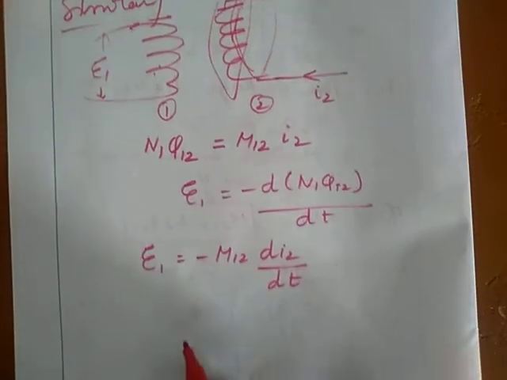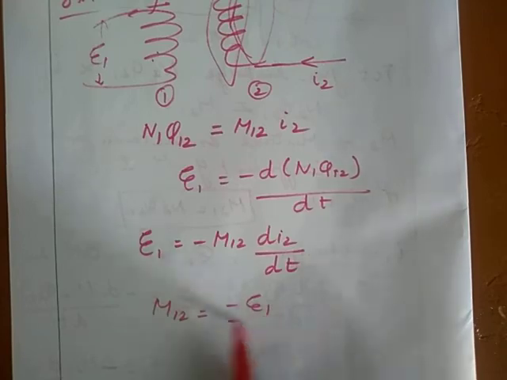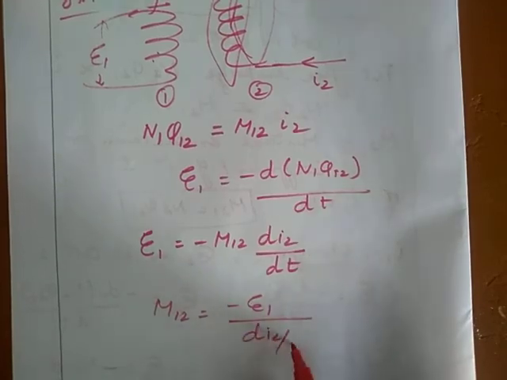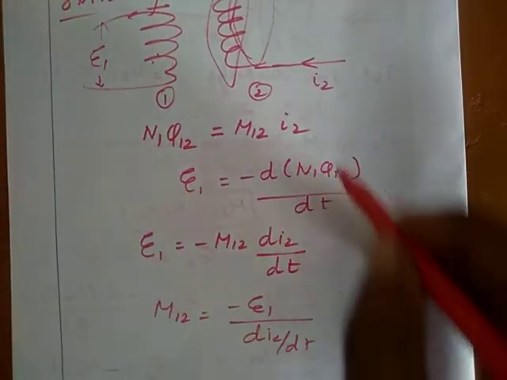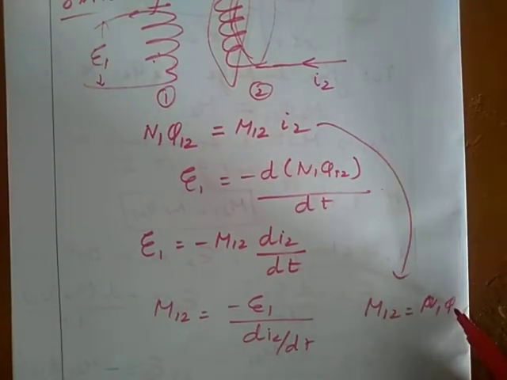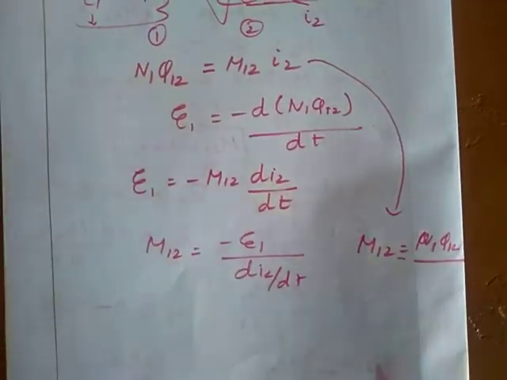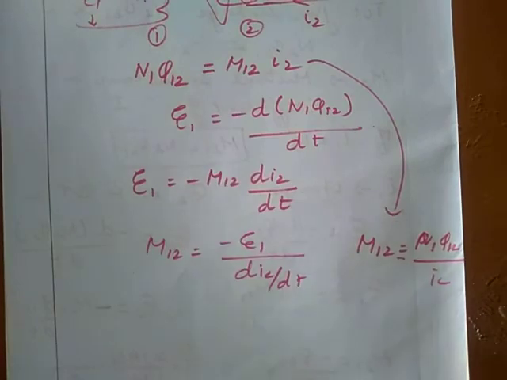After solving this we get M12 is equal to minus psi 1 by di2 by dt. One more expression, that is M12 is equal to N1 phi 12 by I2.